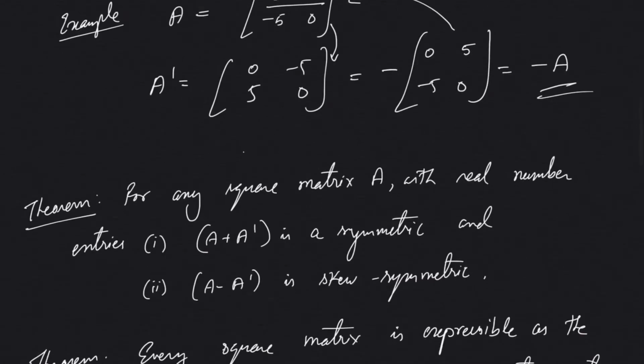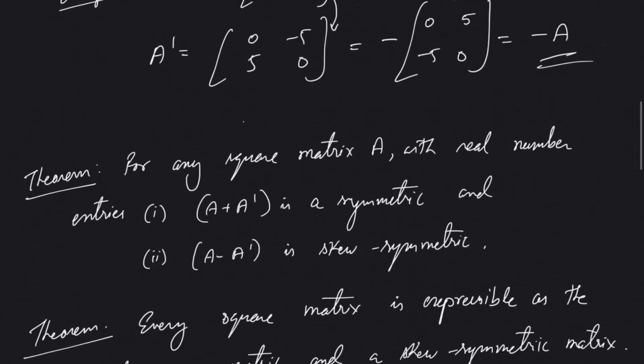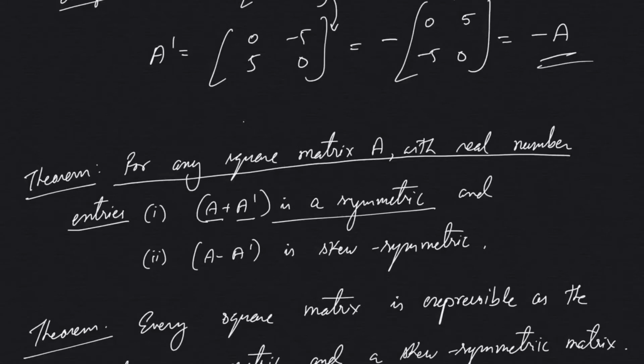Some theorems which I'll not prove here, but important for this exercise: for any square matrix A with real number entries, the matrix when added to its transpose will always result in a symmetric matrix. And secondly, the matrix when subtracted from its transpose will result in a skew symmetric matrix.